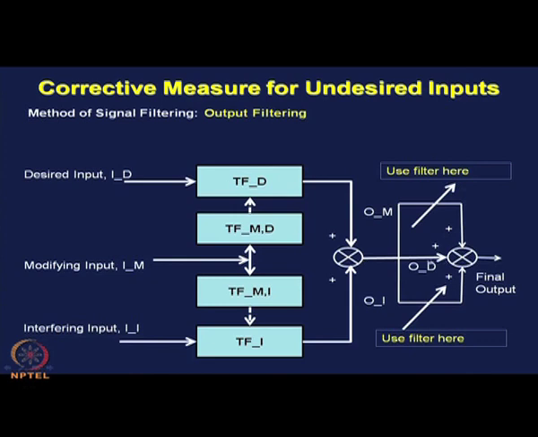So, if I can split this output here, which is a result of desired input, modifying input as well as interfering input, into components: output component coming from only desired input, output component coming from only modifying input, an output component coming from only interfering input, and then introduce filters to the component that comes from modifying input and to the component that comes from interfering input, my final output will be sensitive only to desired input.